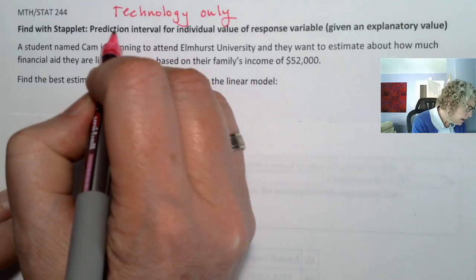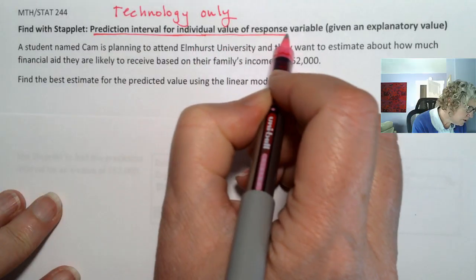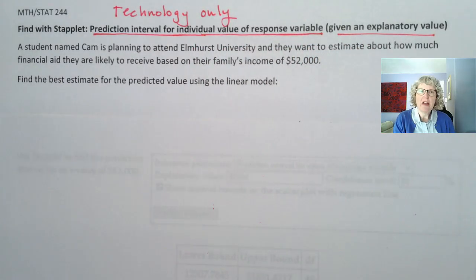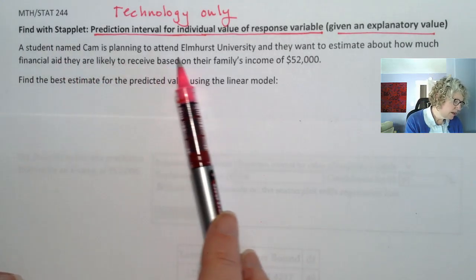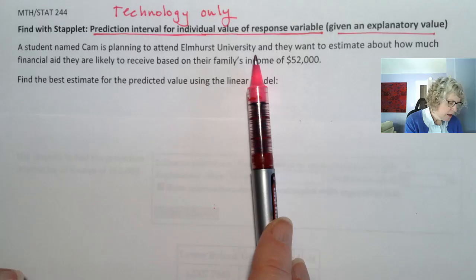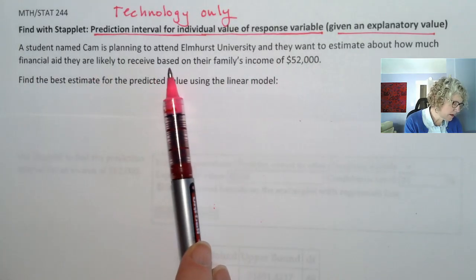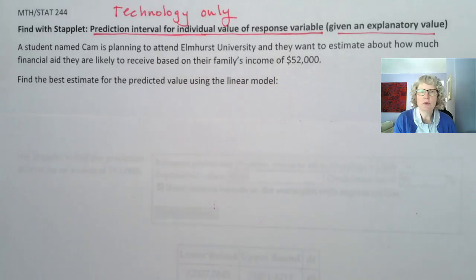A prediction interval for an individual value of a response variable given an explanatory value. What does this mean? Let's look at an example for why we would want to do this. A student named Cam is planning to attend Elmhurst University, and wants to estimate how much financial aid they're likely to receive based on their family's income of $52,000.